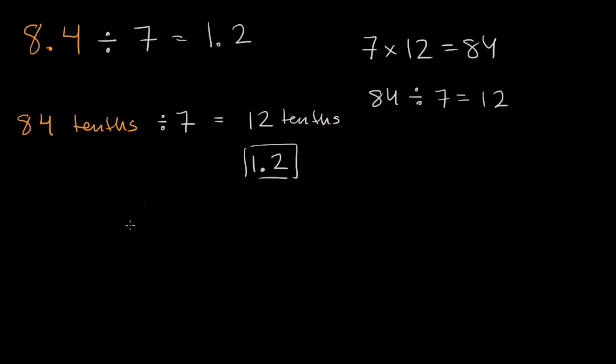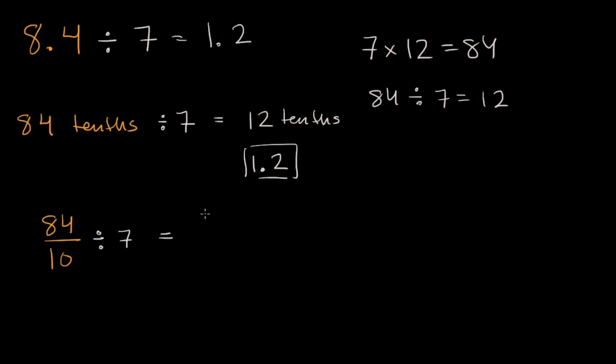Another way that we could have thought about this is we could have said, you know what, 84 tenths is the same thing as 84 over 10. In fact, you would read this as 84 tenths. And now you want to divide this by 7. When you divide by something, it's the same as multiplying by the reciprocal.